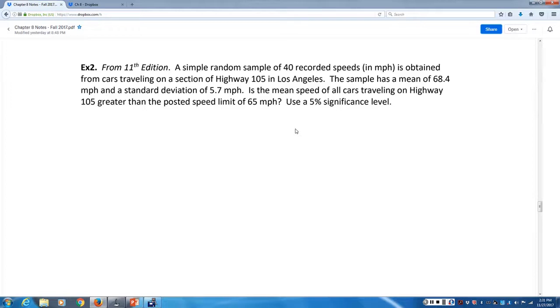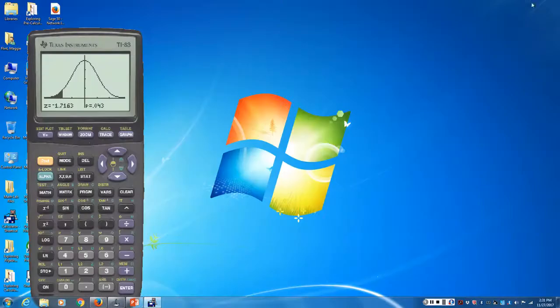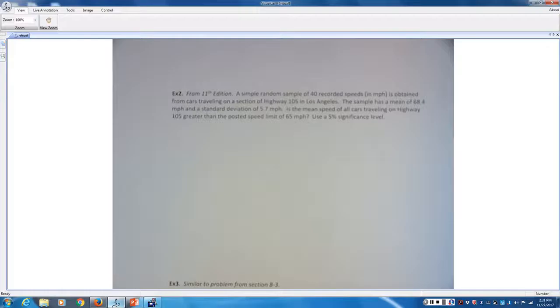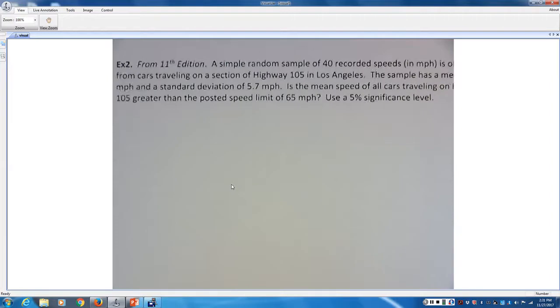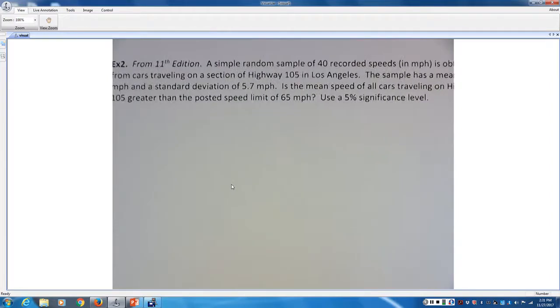Actually, if there's a copy of this already, I may just use it. Now, you've got this in front of you, so it doesn't matter that I'm maybe making it too small, I hope.